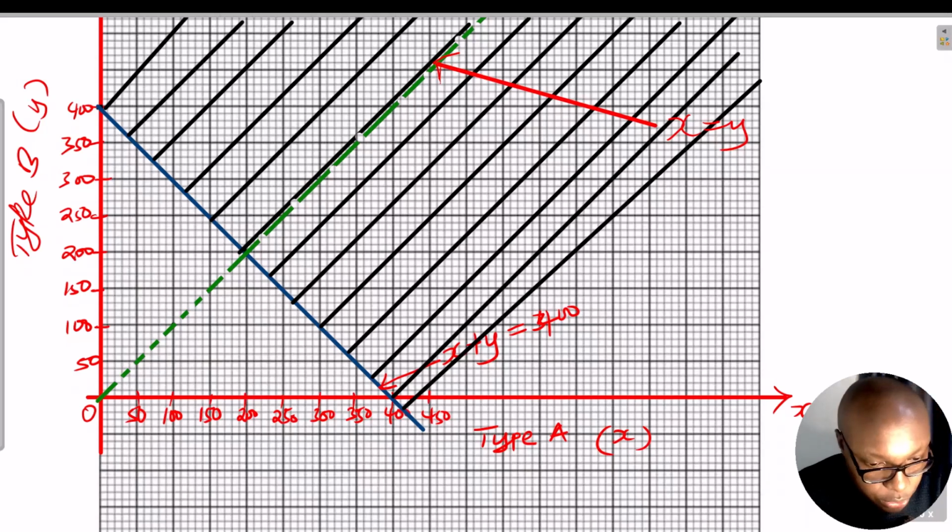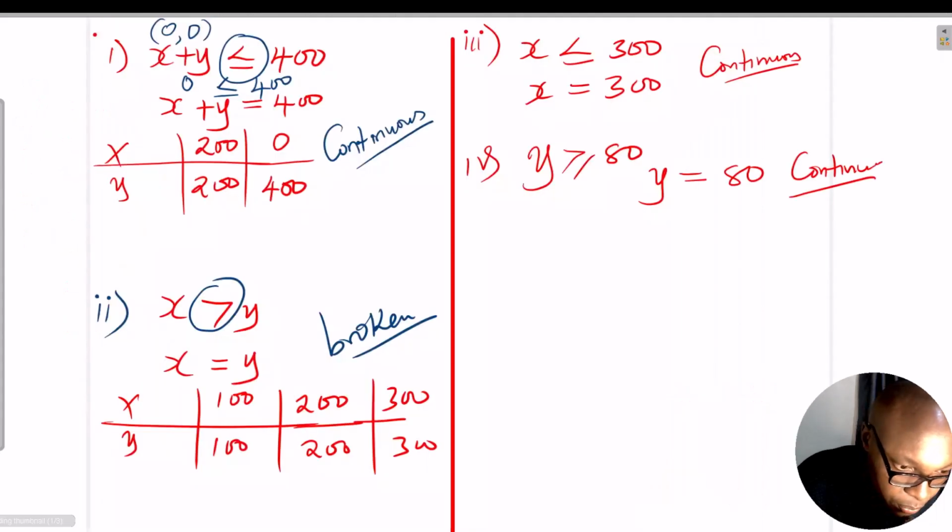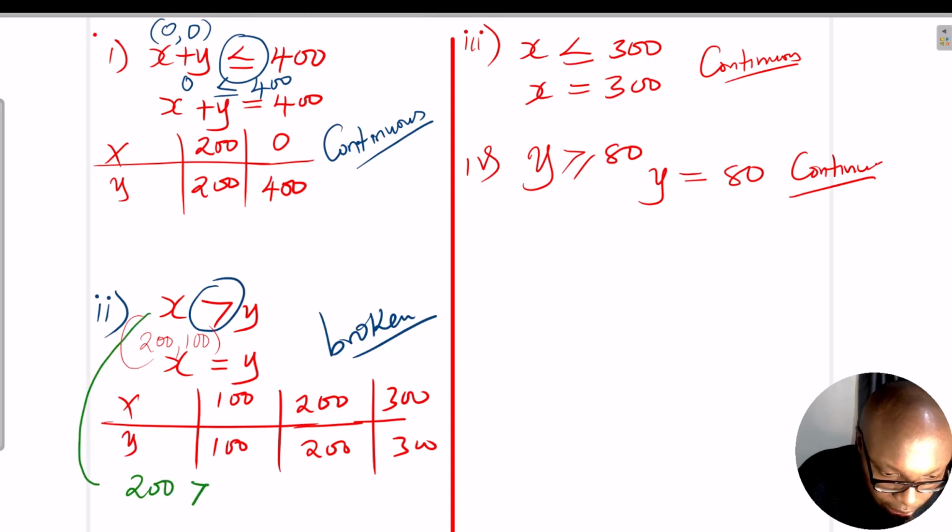Now let us know the side that you're going to shade. We'll test using a point above this line or below. Maybe I can use this point, 200, 100. Let me test with 200, 100. Substitute: x is 200 and it is greater than y, which is 100.